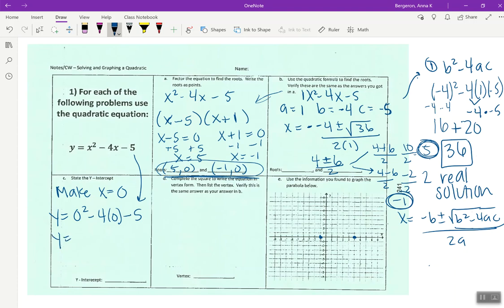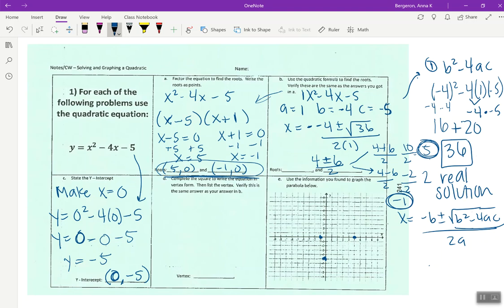So 0 squared is 0. Negative 4 times 0 is 0 minus 5. So 0 minus 5 would tell me that y is negative 5. So my y-intercept was when I made x 0, I got negative 5 for y. So then I can go to my graph, and I can graph 0, negative 5. So that would be right there.